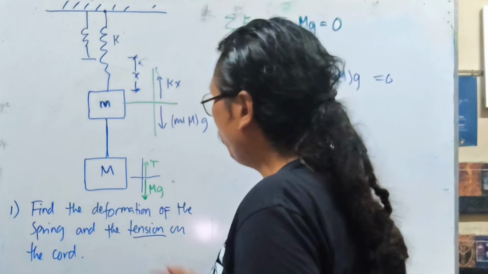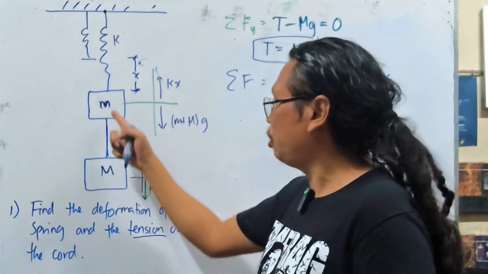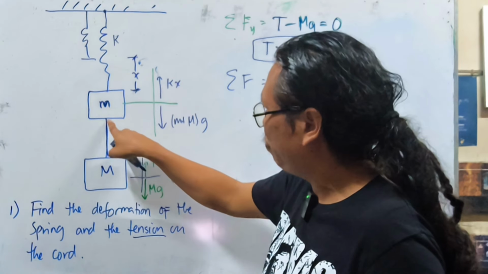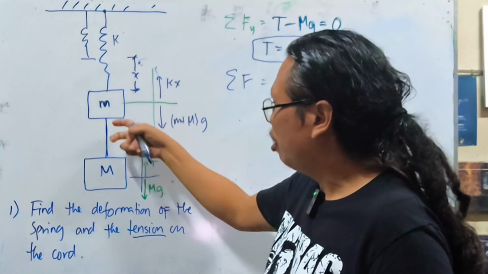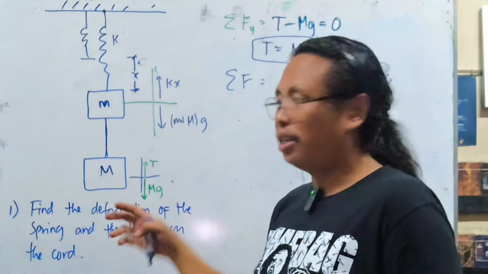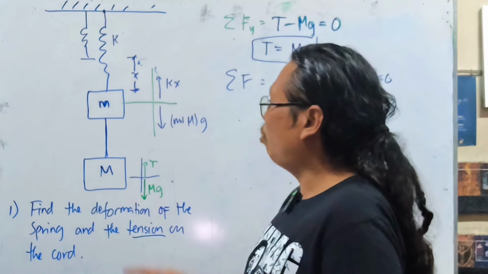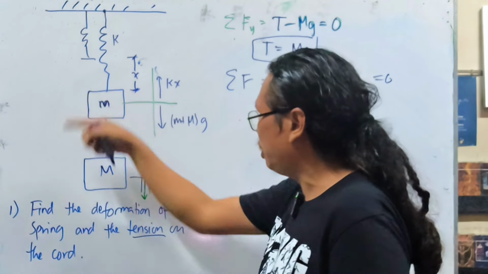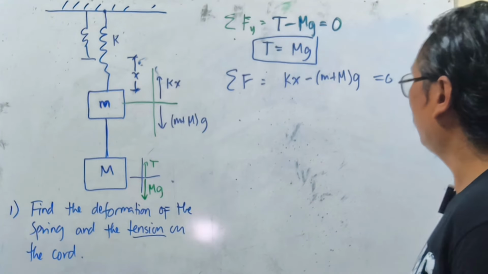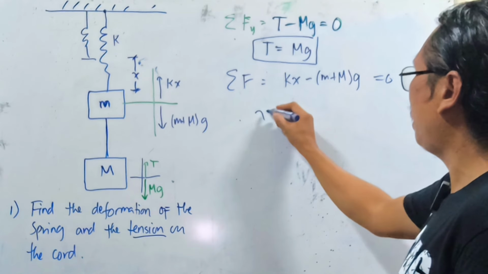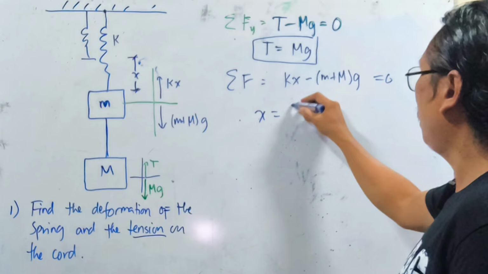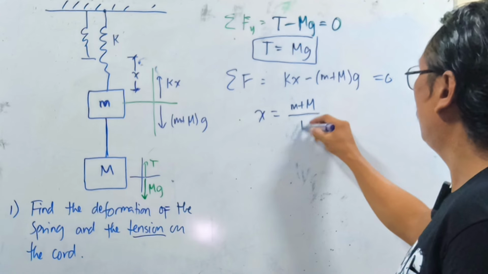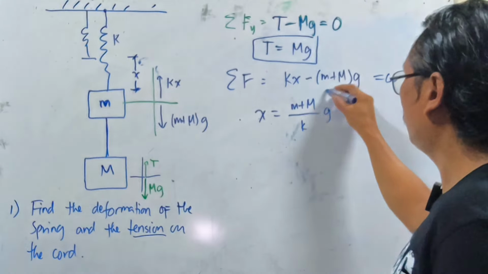Now what happened to the tension? Well, the tension will actually cancel out, because in this cord right here, the tension is going up, but on this part right here, the tension is going down. So when you add the two tensions together, it doesn't matter. It's just as if these two masses are bound together into a single object. So from here, x is equal to (m plus M) over k times g.